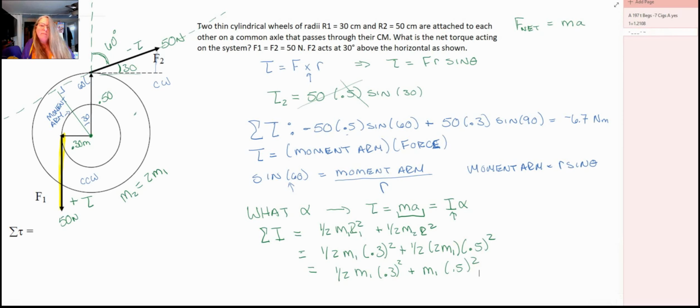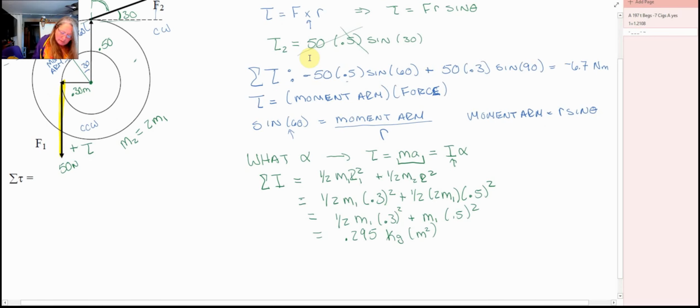So I can do all sorts of things, or I can just put that in my calculator, and let's see what we get. And then for this, I get the final answer, and I'm just using mass in kilograms, so the units don't get confusing with meters. I get that for my inertia. Therefore, my alpha is going to equal torque divided by inertia.